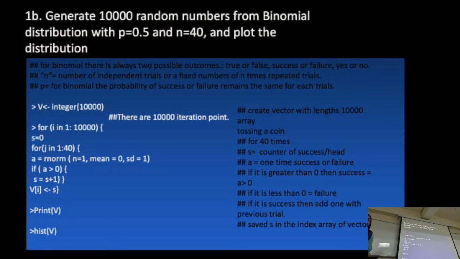So I chose a normal distribution for only one value, and that gives a number that is greater than 0. If that value is greater than 0, then I also give a logic like s equal to s plus 1. That means if it gives me a value that is greater than 0, then the number will add with the previous array. And then I put all my s inside the v integer, and then I print the v to get the binomial distribution number, and then I plot with histogram.